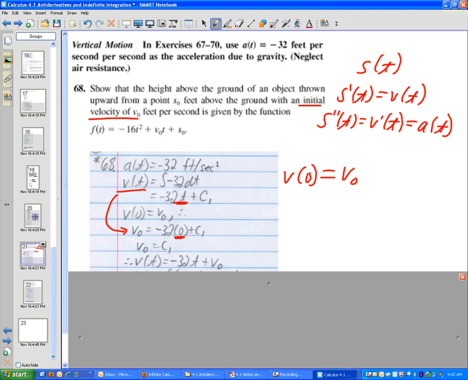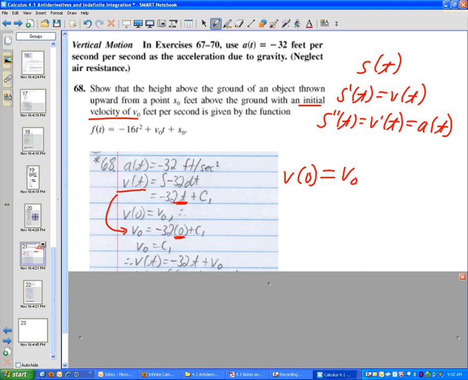And I know you're probably thinking, how's that particular if it's still got a constant that we don't know in it? Well, it is, because that's what they gave us as the initial velocity.